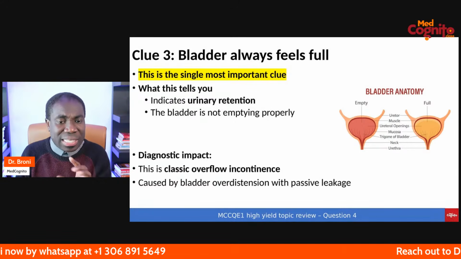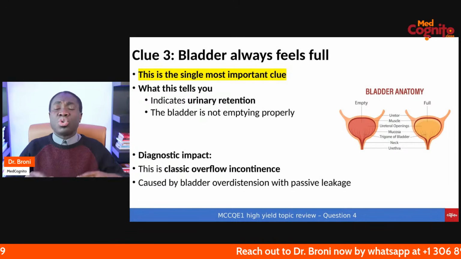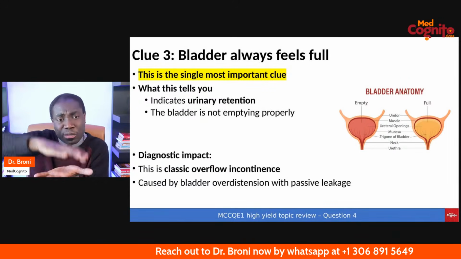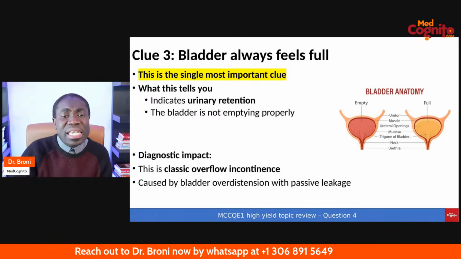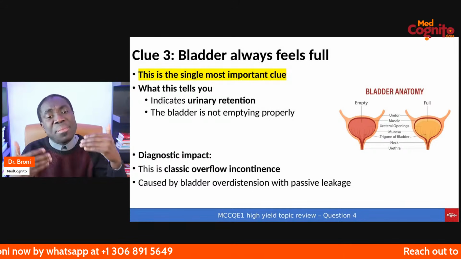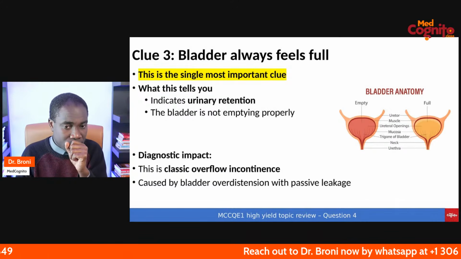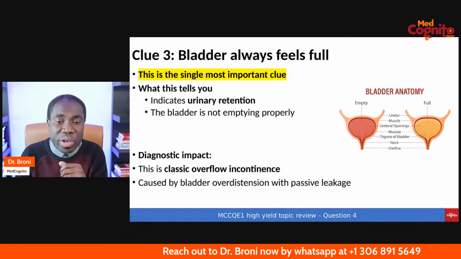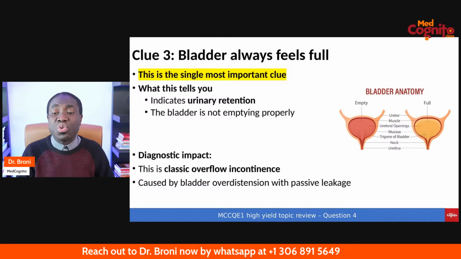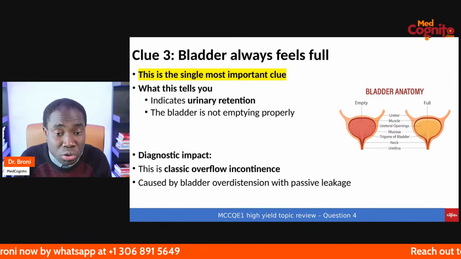Now, this is how overflow incontinence presents. So overflow, why? The bladder is full, but the guy is peeing out what is spilling over. So even when he pees out, there's always something left in there, and that is why there's always bladder overdistension. So if you do a physical exam, you realize that this guy's hypogastric region is a bit bulged, right?